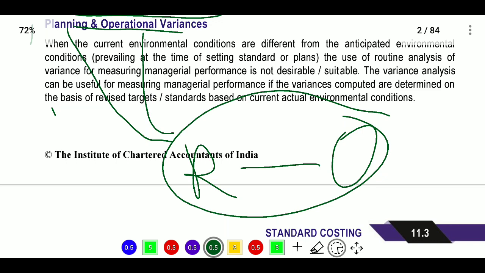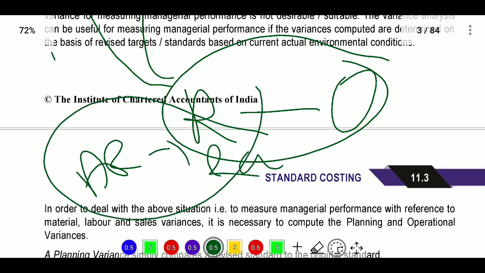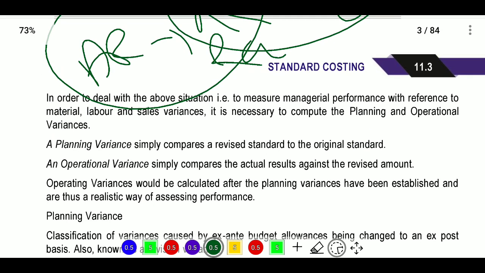Next, operational variance means simply actual results against the revised amounts. This is operational variance, and the operational variance is calculated after planning.